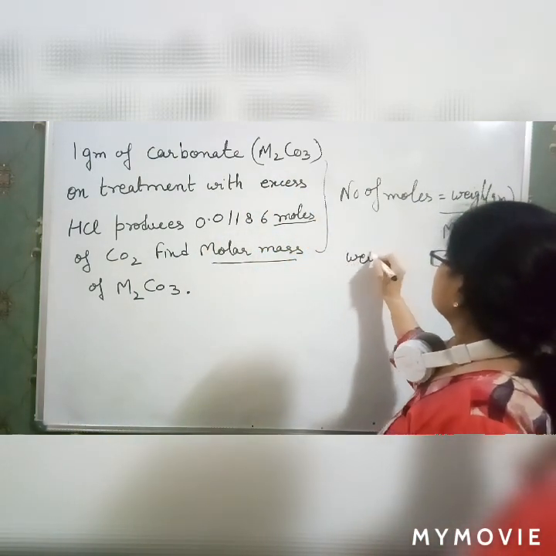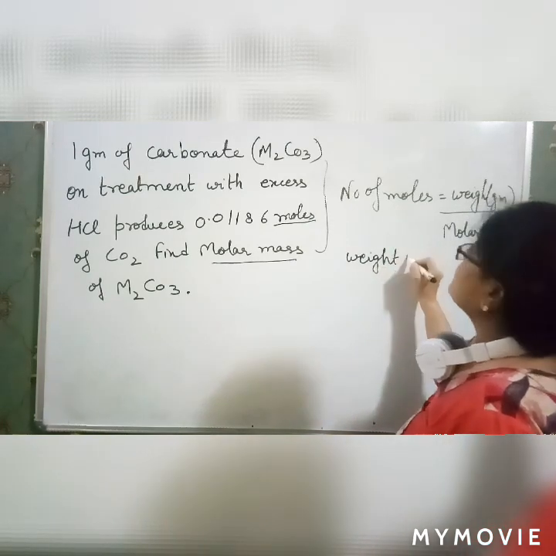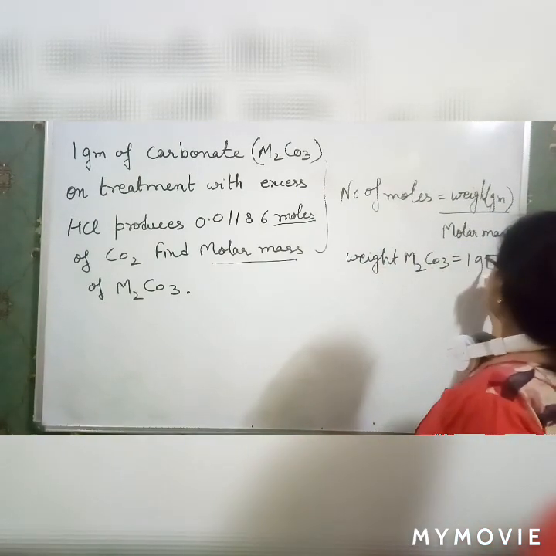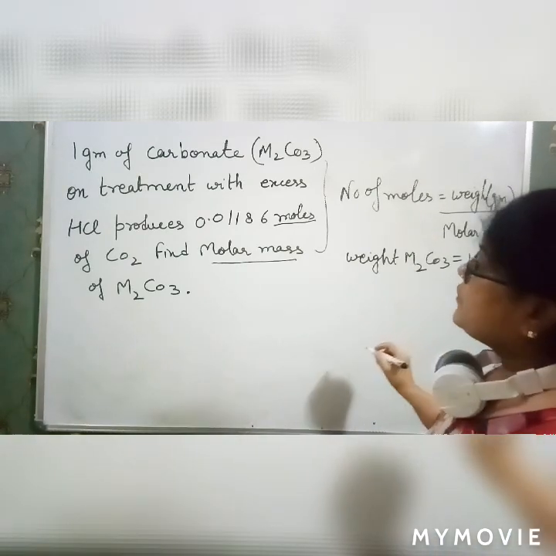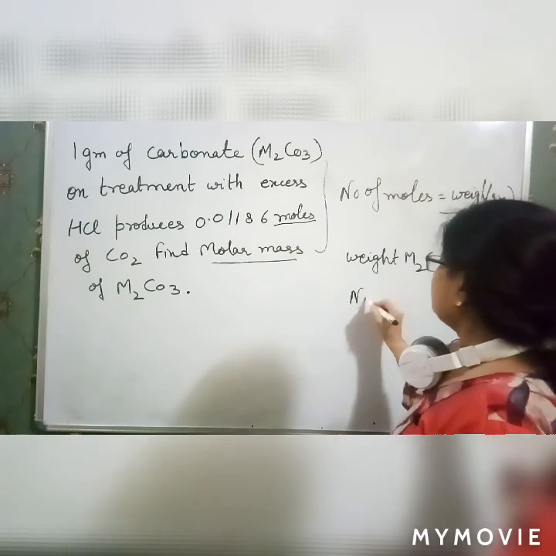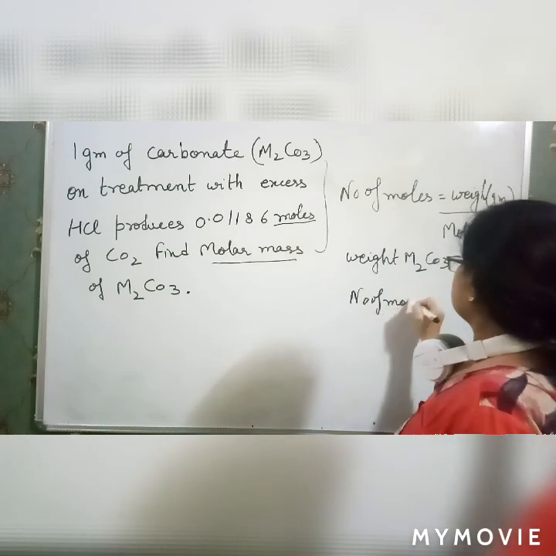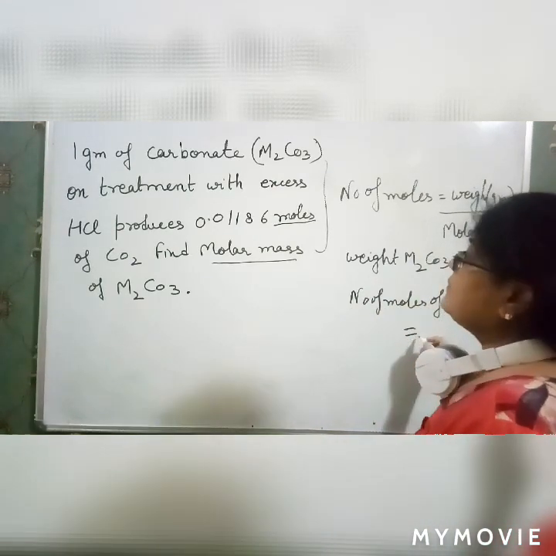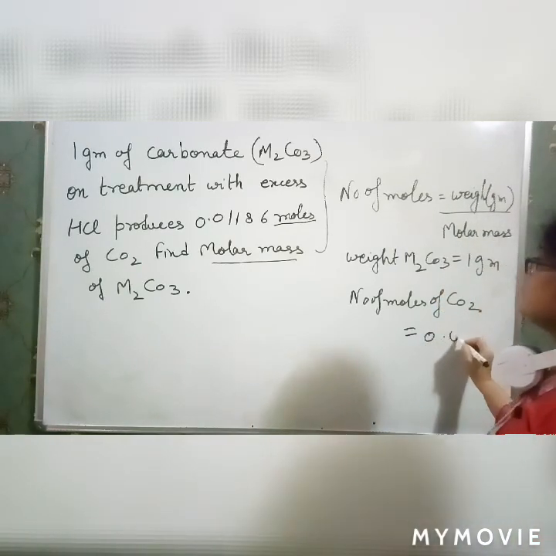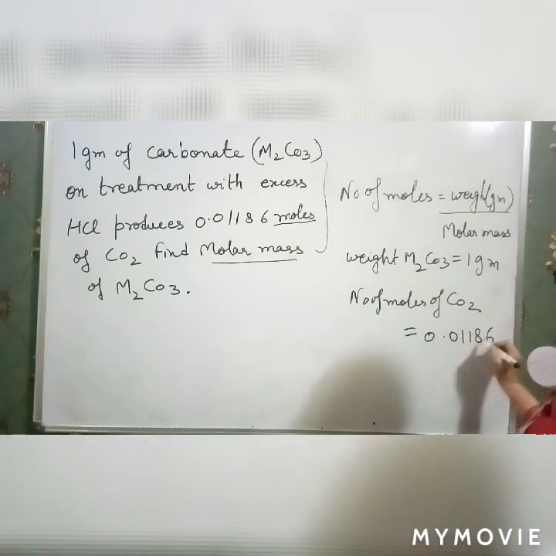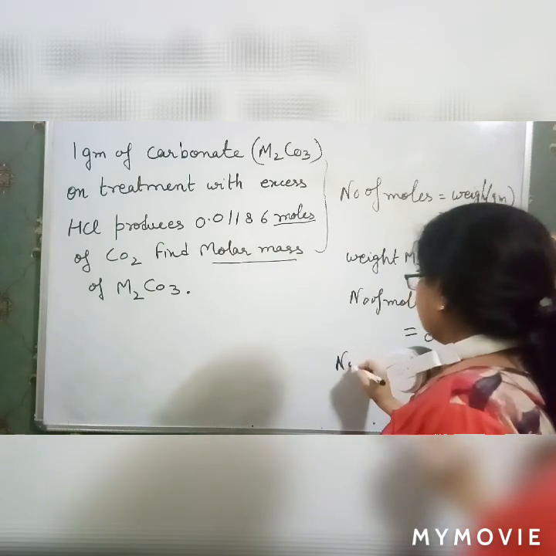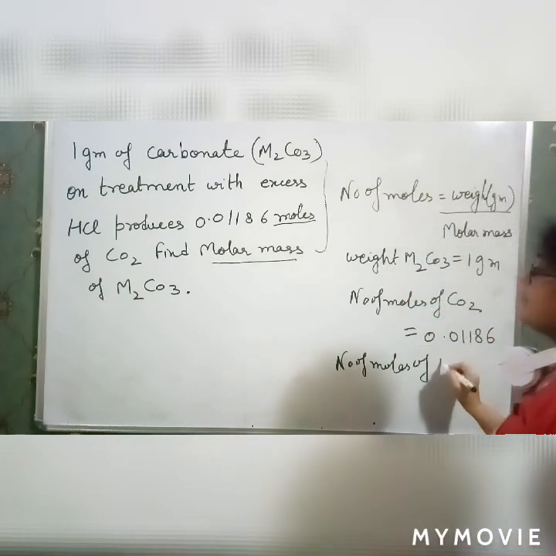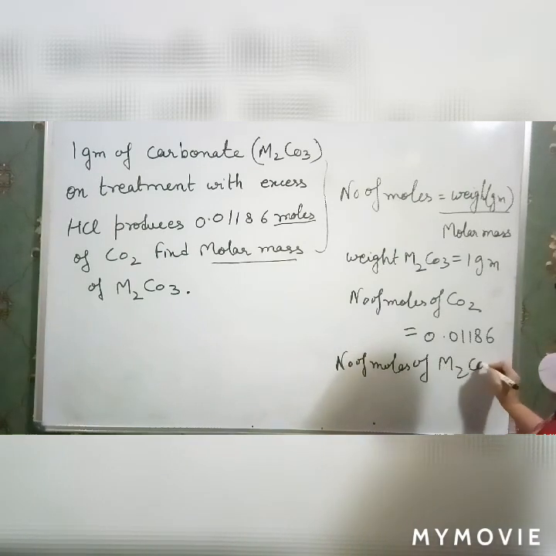But here it is given the weight of the carbonate ore, that is, the weight of M2CO3, that is 1 gram, and it produces moles of CO2, that is given 0.01186, and you have to find the molar mass of M2CO3.